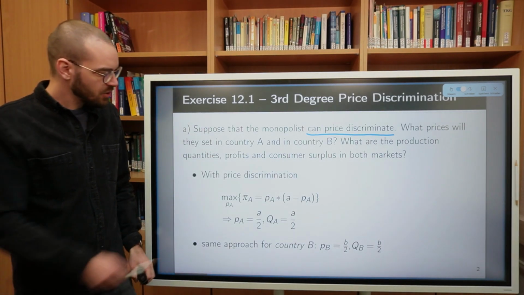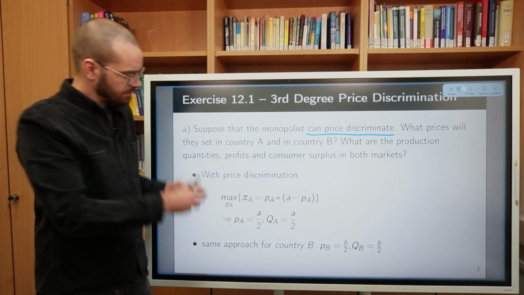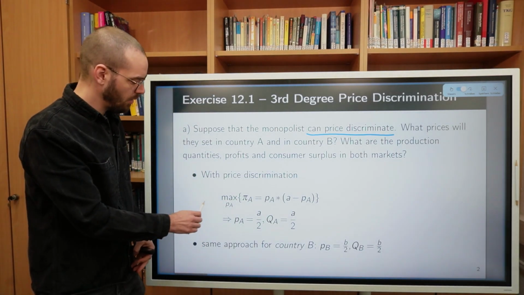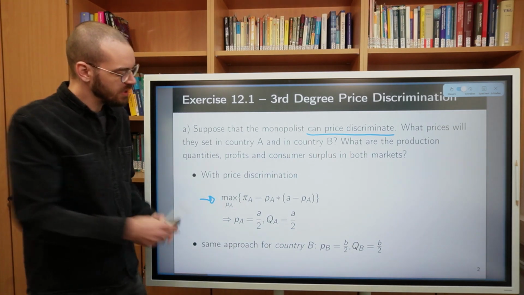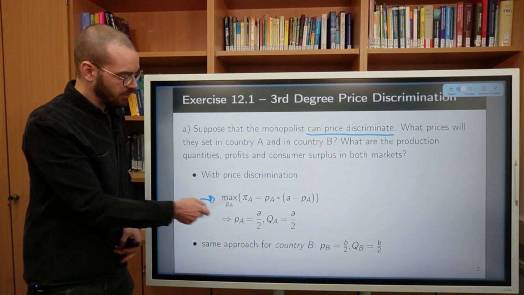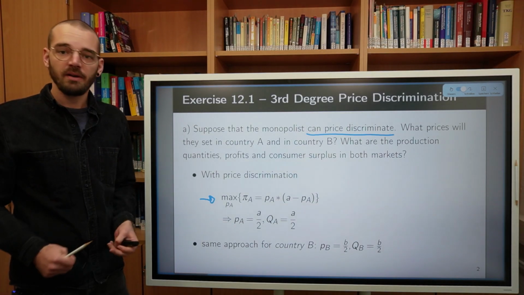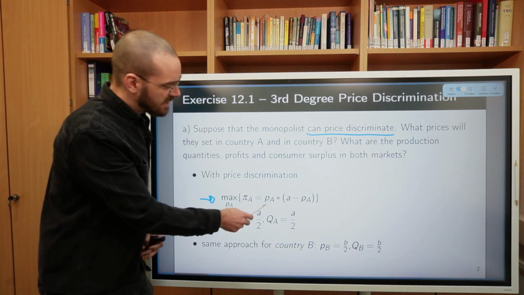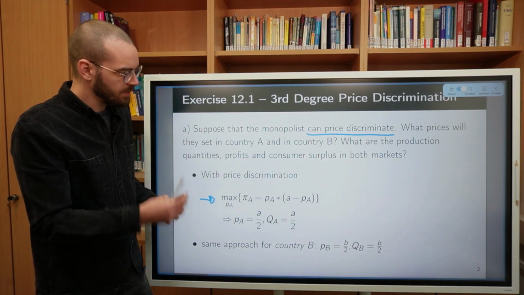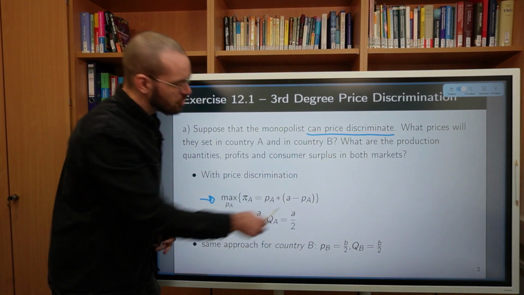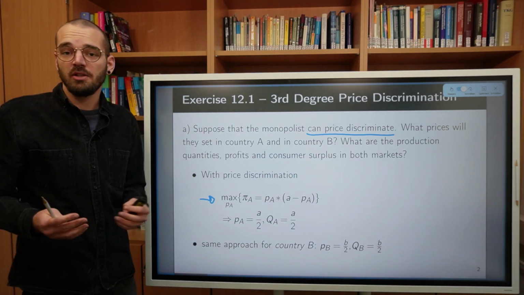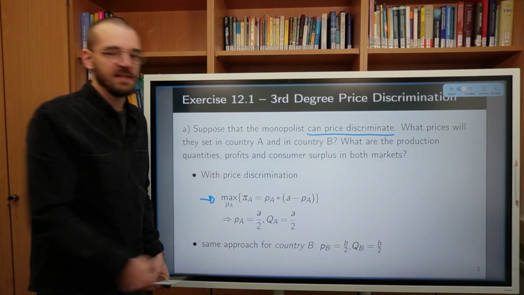With price discrimination, what we are simply facing is a profit maximization problem of the monopolist, as I alluded to earlier. So what we are doing is we state the profit function. There, of course, is one profit function for each market. So pi_A reads price A multiplied with the quantity sold on market A. And of course, we know from the demand functions that Q_A equals A minus P_A.